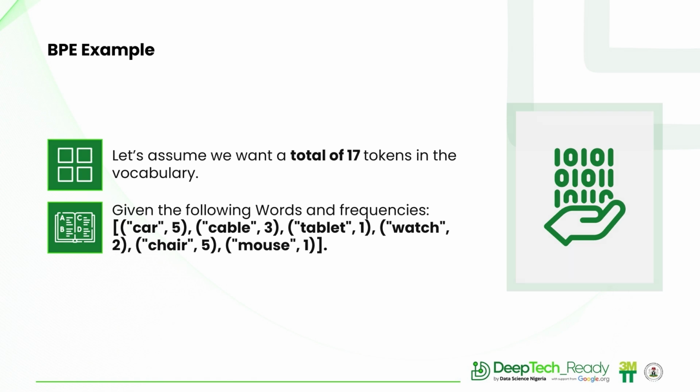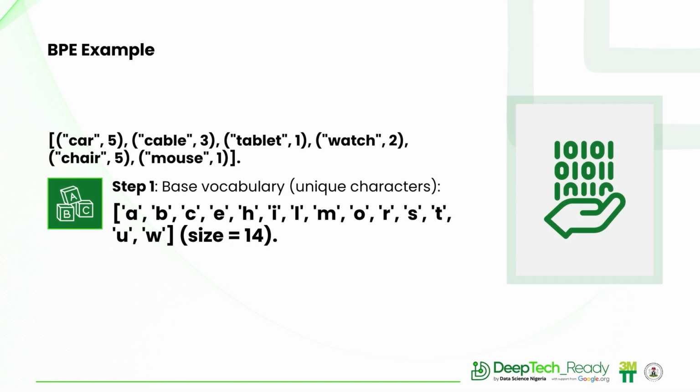As a first step, all the unique characters and symbols in the words are included as base vocabulary. So in this, the base vocabulary would be this. So these are all the individual characters in all of the words. Remember, we've set our vocabulary to be what? To be 17. And here we're starting with 14.